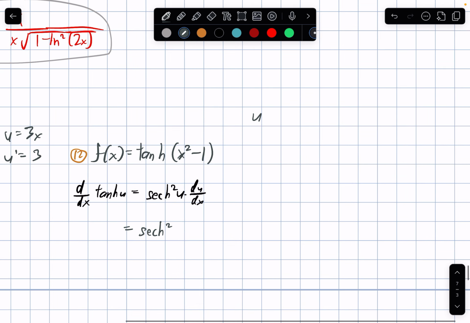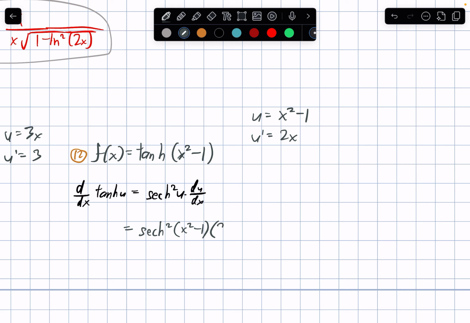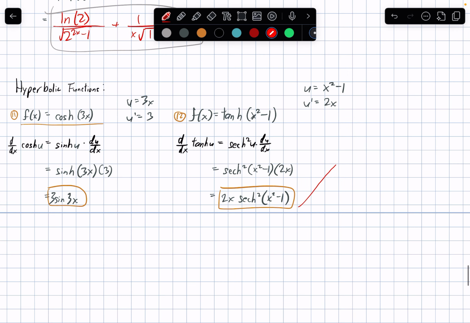Let's identify the u. u is equal to x squared minus 1. How about u prime? That's going to be equal to 2x. And so the answer for number 12 is 2x secant h squared of x squared minus 1. This is correct.